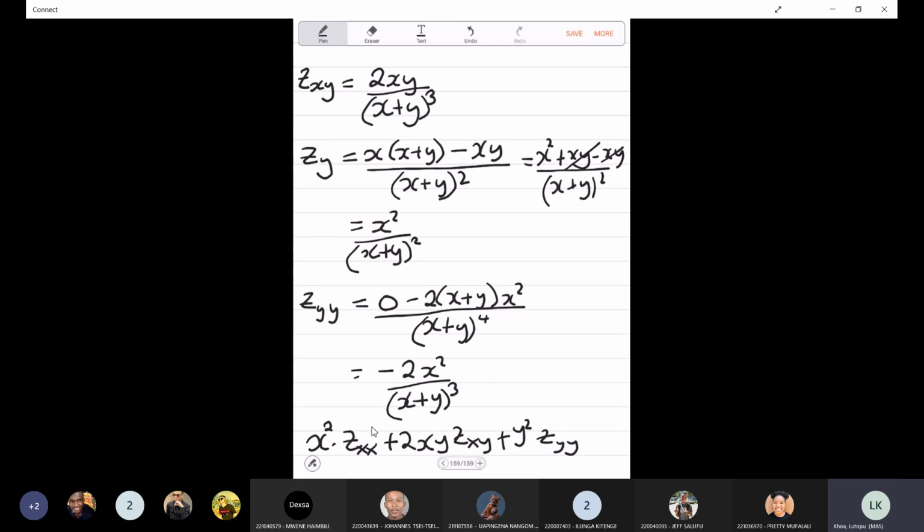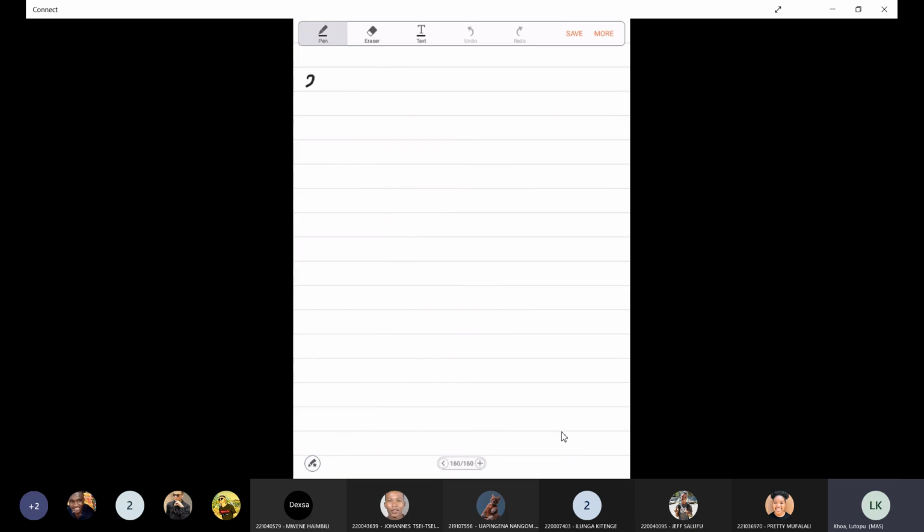I have this, I worked it out. I have this, worked it out. I have that, worked it out. So I just need to substitute and simplify. This gives me x squared, then zxx, where's that?